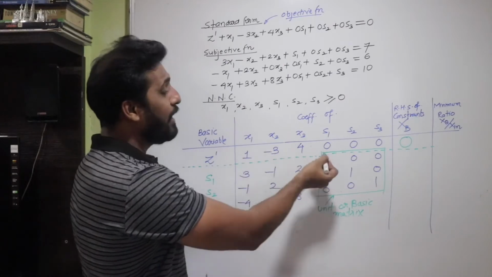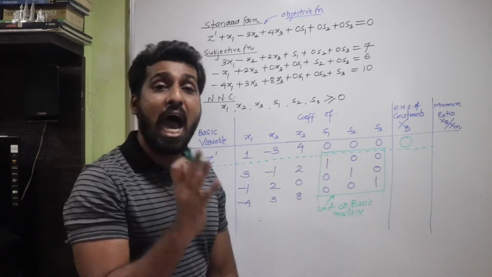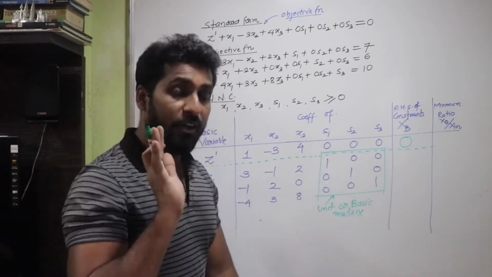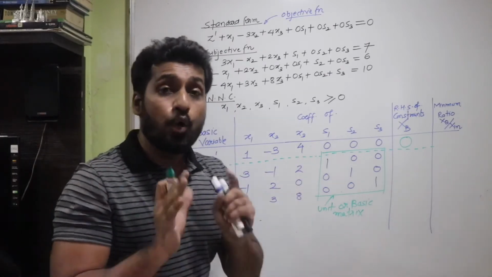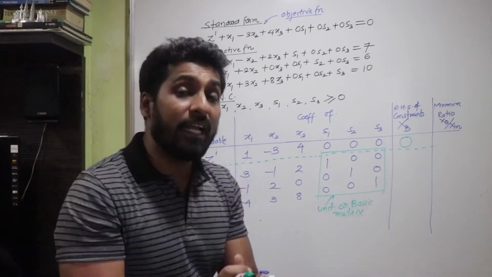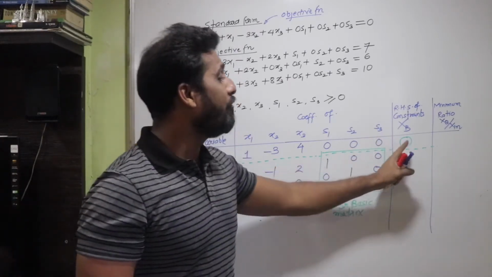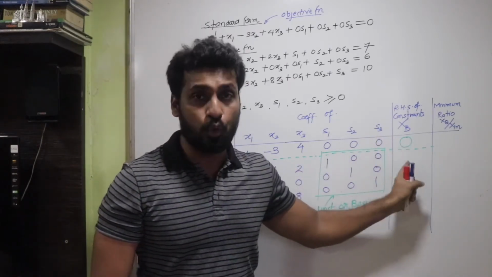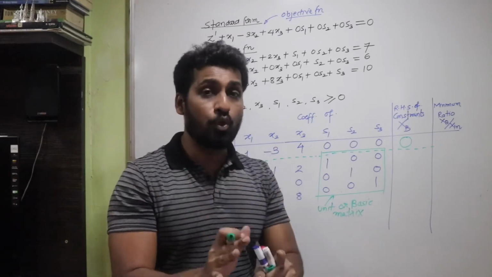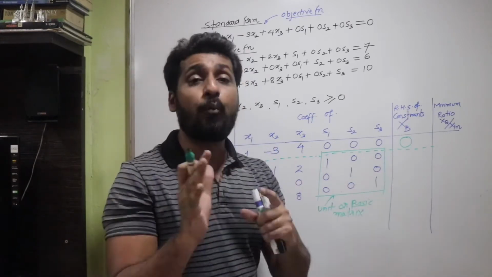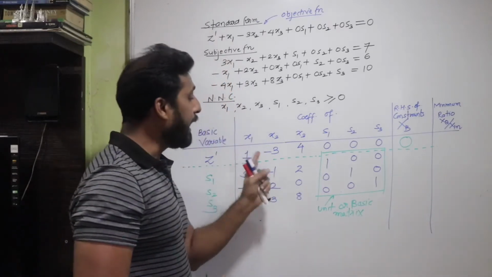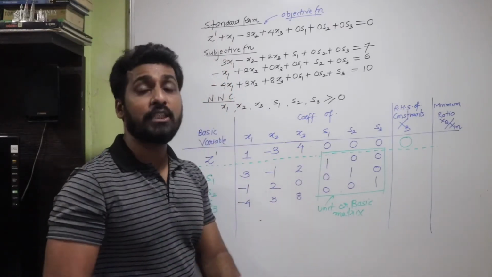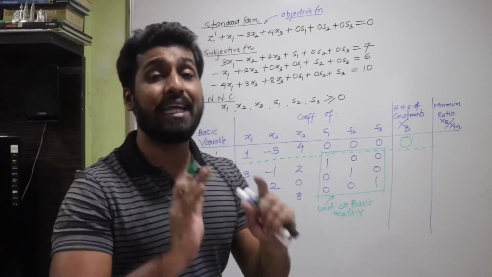If all the values in the row of z dash are non-negative, then and only then you can say that you have reached the optimum solution. So to tell whether the given value is optimum or not, all the entries in the row of z dash should be non-negative.